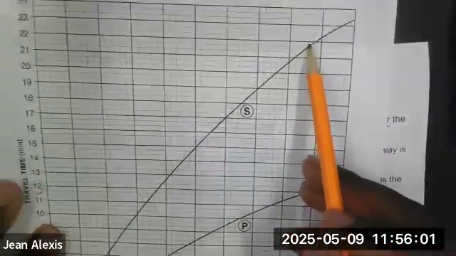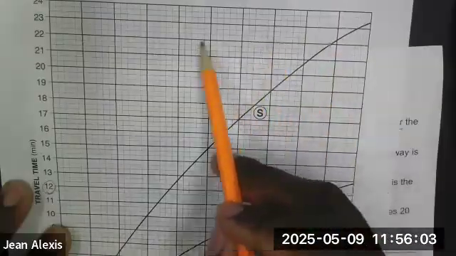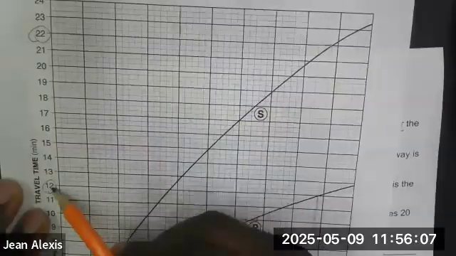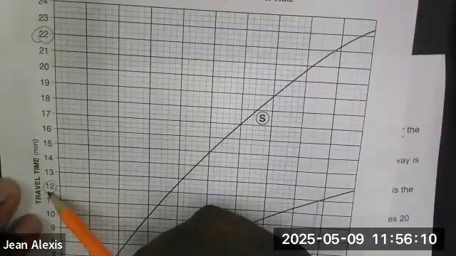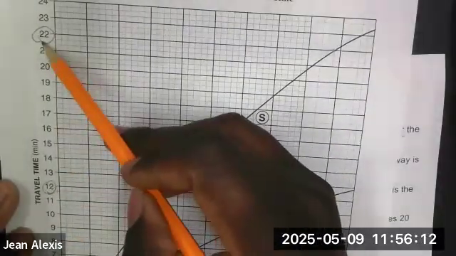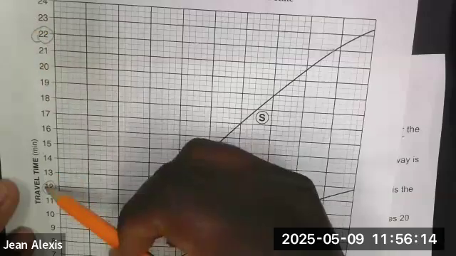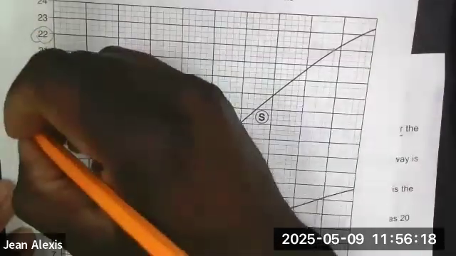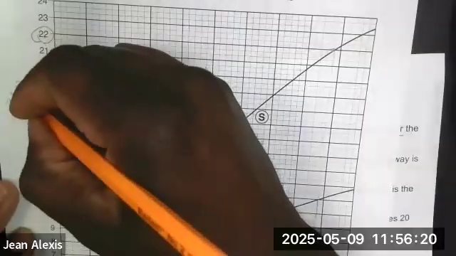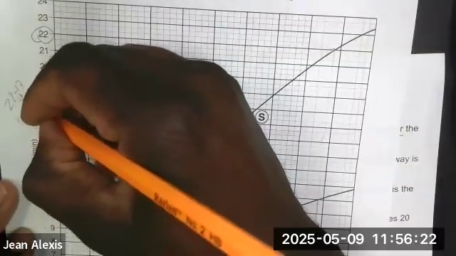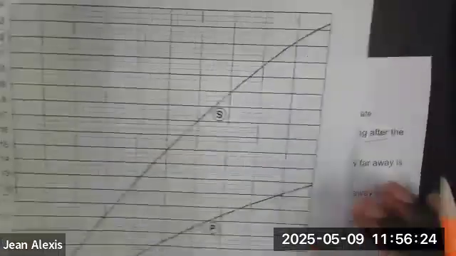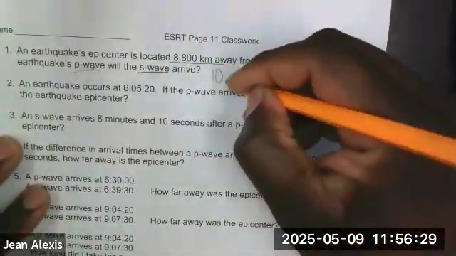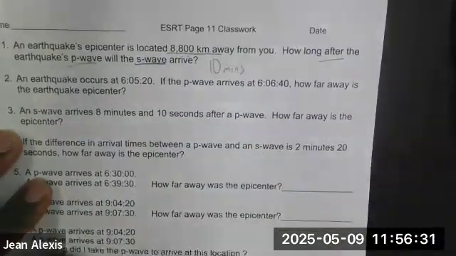When I look to the left, I see 22 minutes. So the P wave comes at 12 minutes after the earthquake, and the S wave comes at 22 minutes. How long after does the S wave occur after the P wave? 22 minus 12, and I get 10 minutes. So my answer for number 1 is 10 minutes.